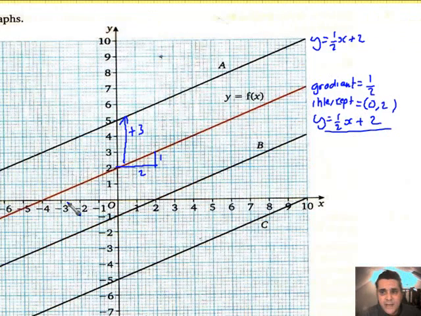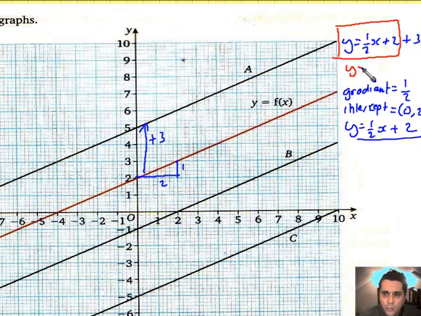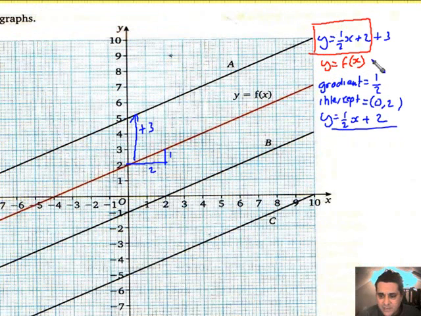So what have we got here? y equals half an x plus 2 plus 3. If I put a little box around that bit, that's my original function, so I've got y equals f of x plus the a bit. The a bit is this 3 that I raised it, so it's going to be f(x) plus 3.